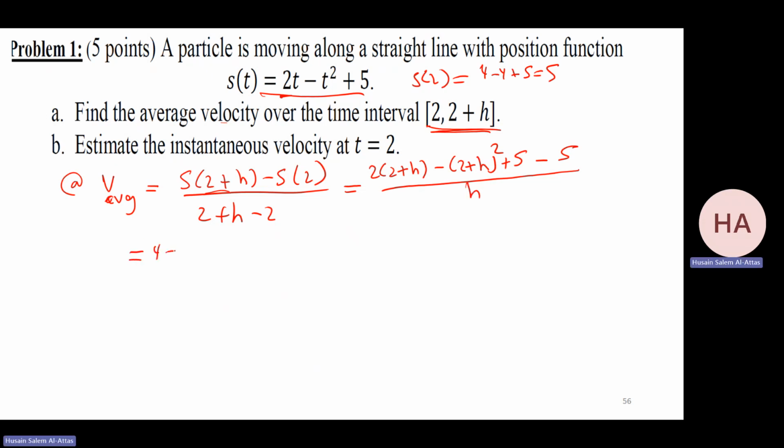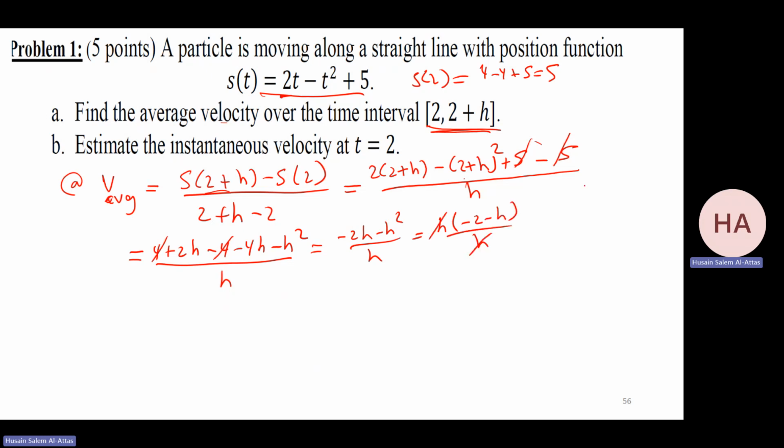Do the calculation. 4 plus 2h, this is square, minus 4 minus 4h minus h squared. This one cancelled, over h. This is cancelled. You have what? The remaining is minus 2h minus h squared over h. I can take h common factor. So I have minus 2 minus h over h, where h is not equal to 0. I can do this, which is minus 2 minus h.